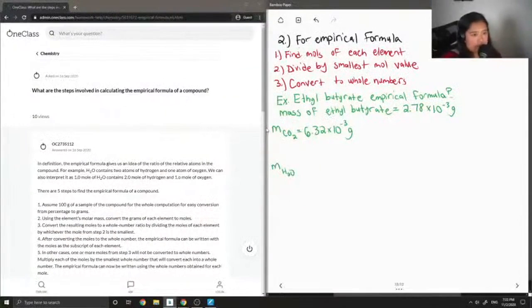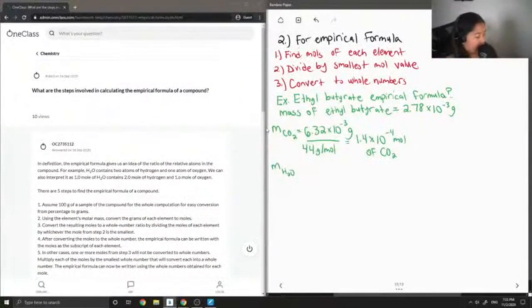Step 1 says to find the moles of each element. So I'm going to find the number of moles of the carbon dioxide. To do that, we divide by its molar mass, which is 44 grams per mole, to get the number of moles, which is 1.4 times 10 to the negative 4 moles of CO2.